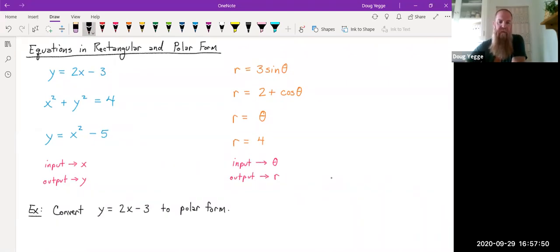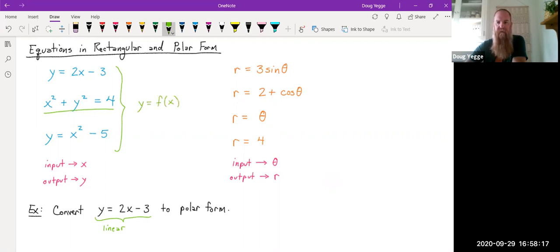Now in this example, we should recognize that y equals 2x minus 3 is a linear function. And remember what a function represents. We're basically showing that all of these are in terms of x's and y's. And other than this circle right here, we can often write them as y equals some function of x.